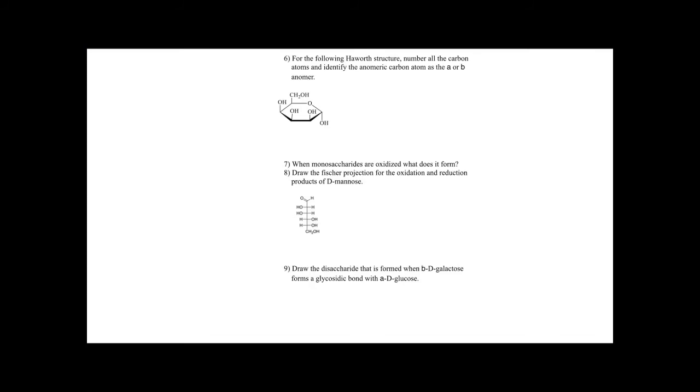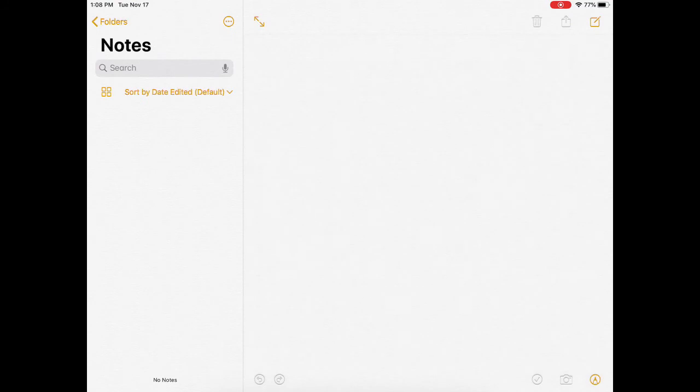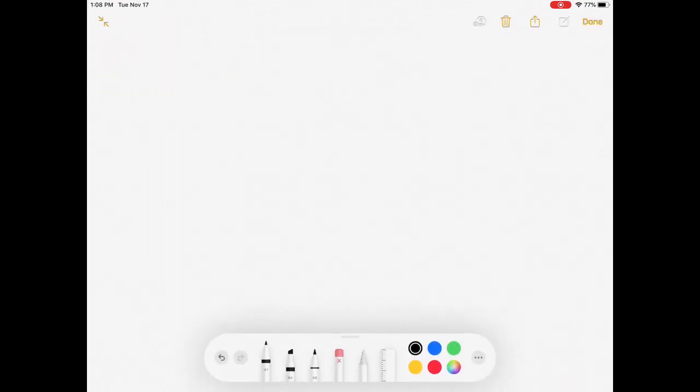And then number 9 says, draw the disaccharide that's formed when beta-D-galactose forms a glycosidic bond with alpha-D-glucose. Okay, so we're going to draw that here. So we're going to do beta-D-galactose first.